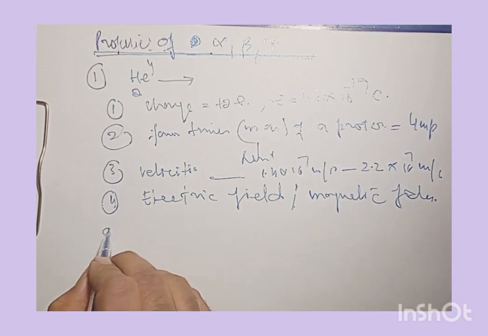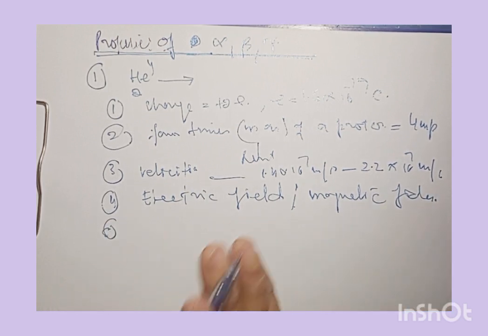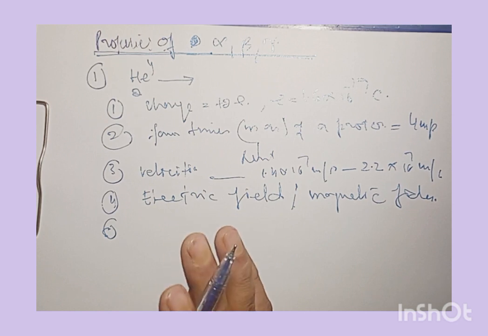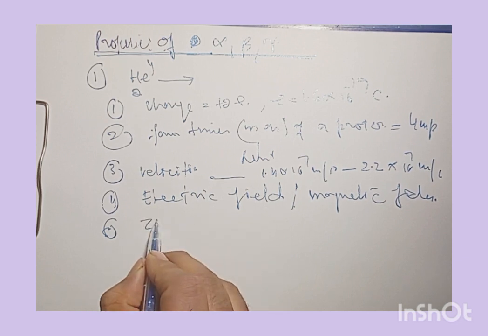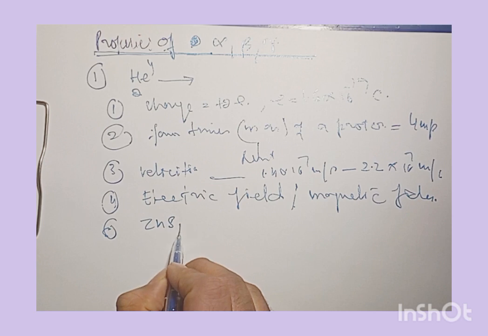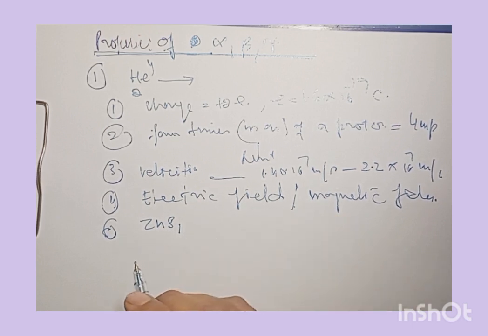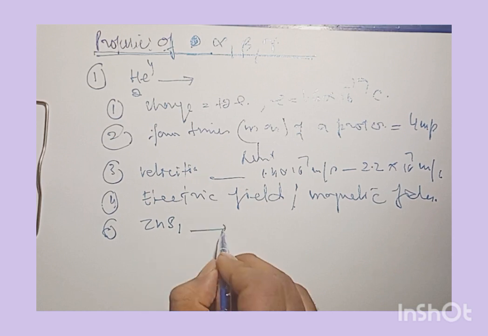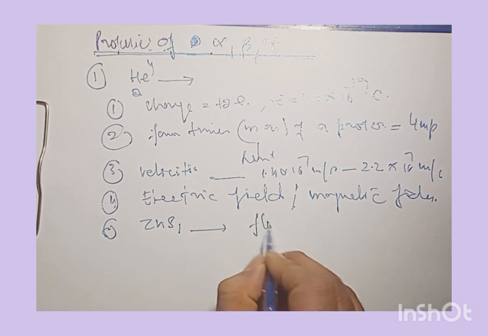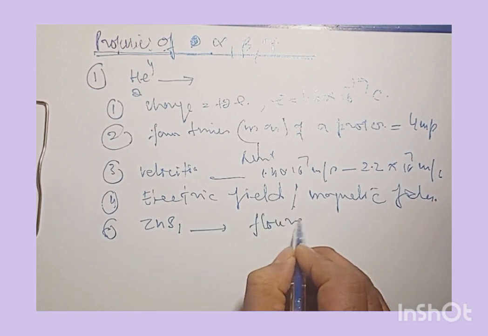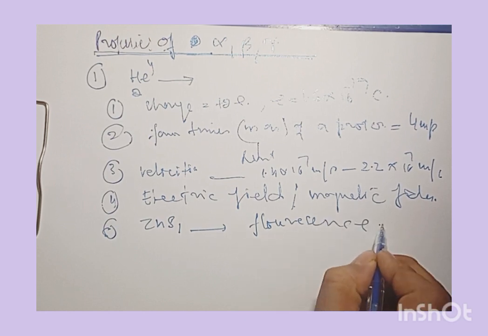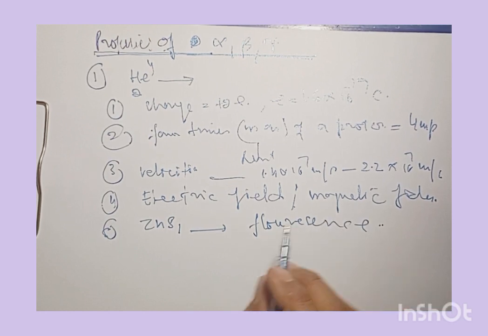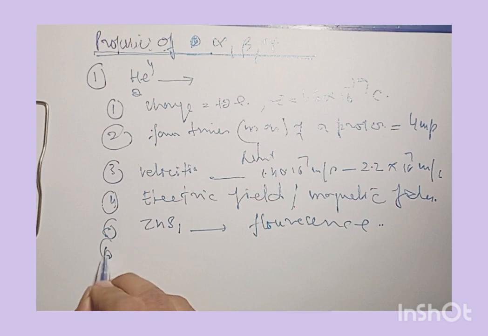The next important point is that when alpha particles fall on materials like zinc sulfide and other materials, they can cause fluorescence. And the next important property is that they have low penetrating power.